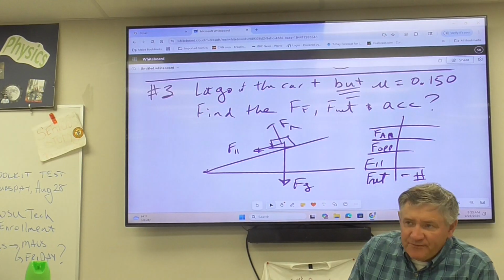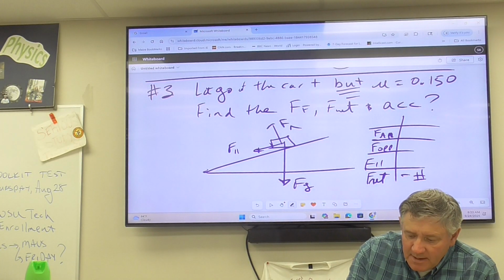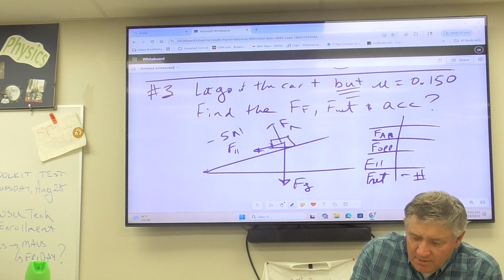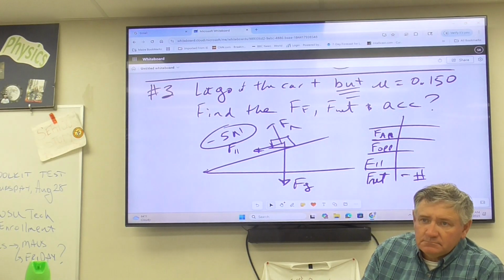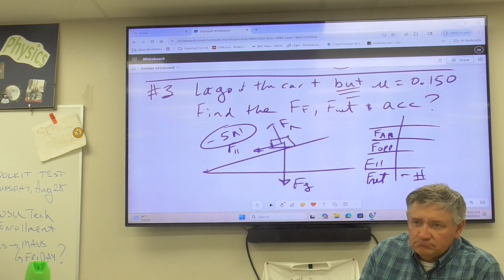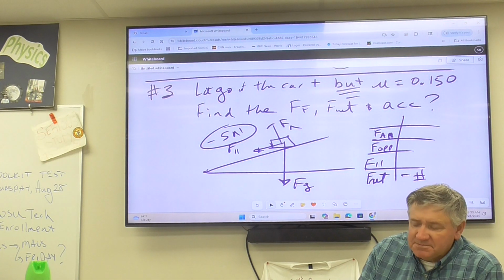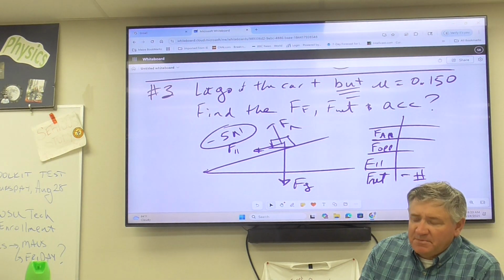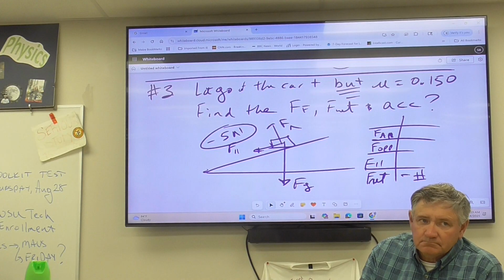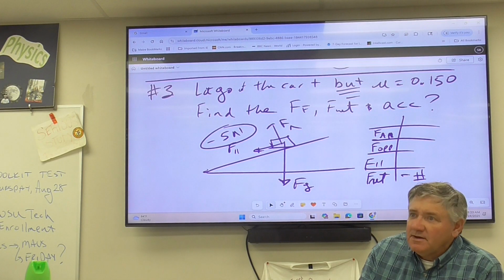So if there's friction, is that going to alter my force parallel? Yay or nay? No. Absolutely not. How do you calculate force parallel? Force of gravity times sine theta.